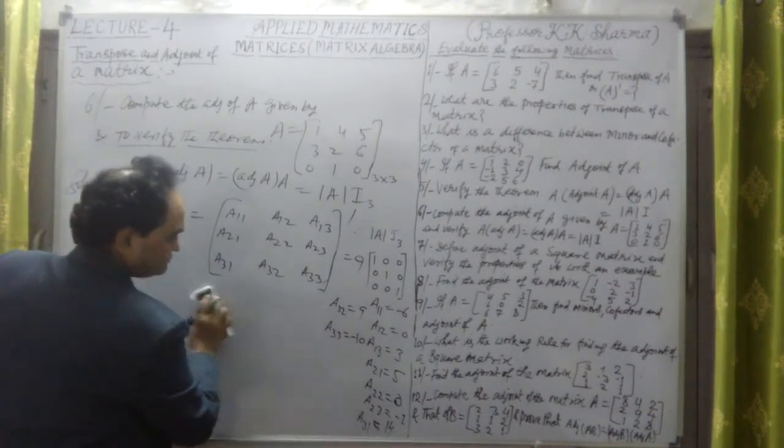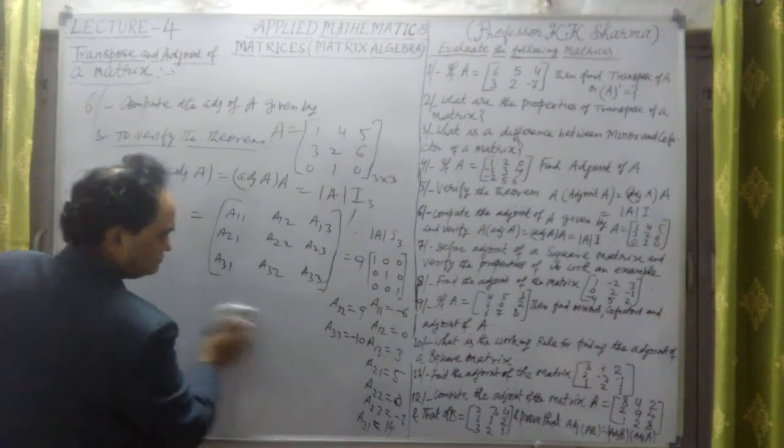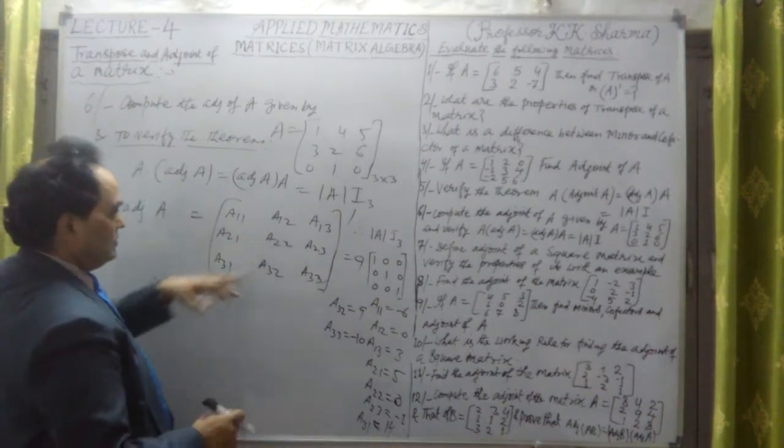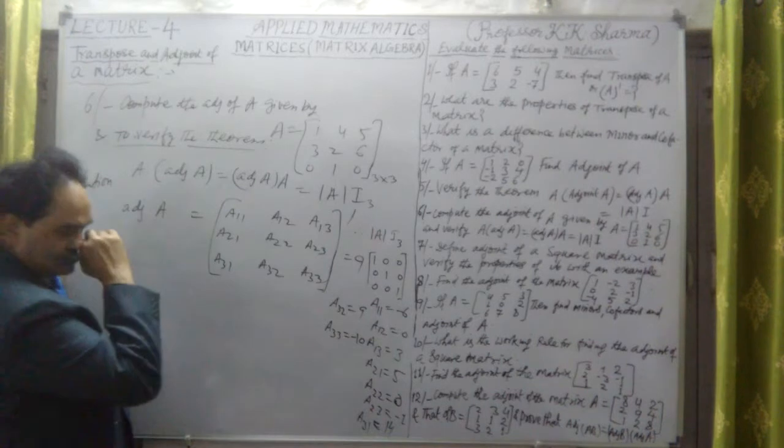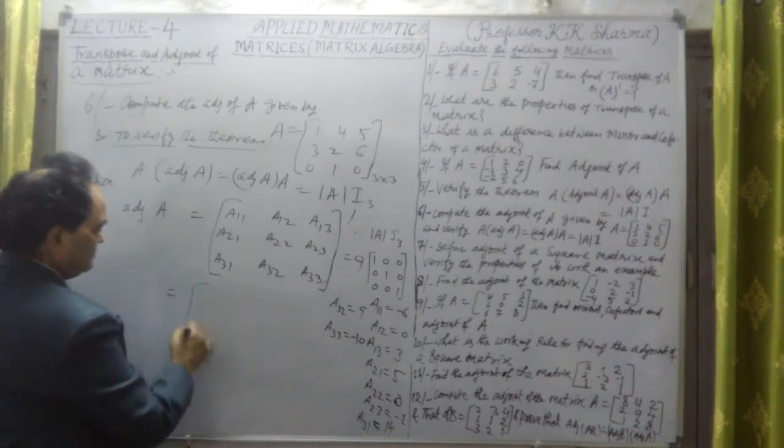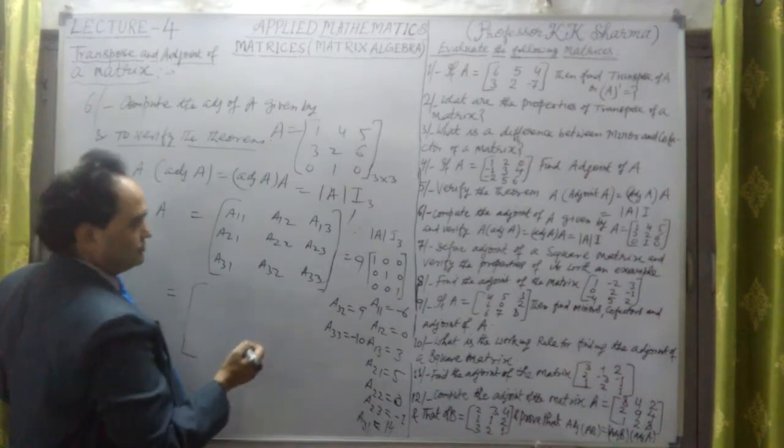So therefore, adjoint of A is the transpose. Now first let me write this whole value. After that I'll transpose it, so the adjoint of A will be calculated.